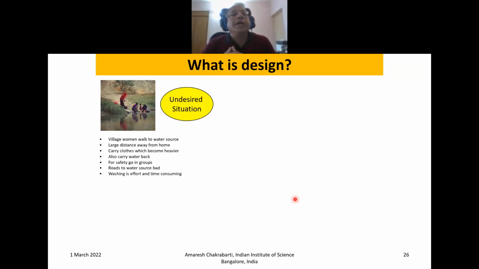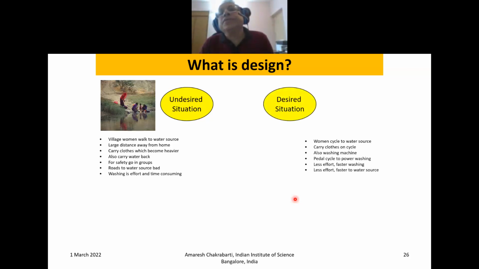The roads to the water source are not particularly good. And washing is effortful and time consuming, and the water sources get polluted as a result of using or overusing them. So depending on what you think are the most important elements of undesirability, you want to then plan what the desired situation might better be.